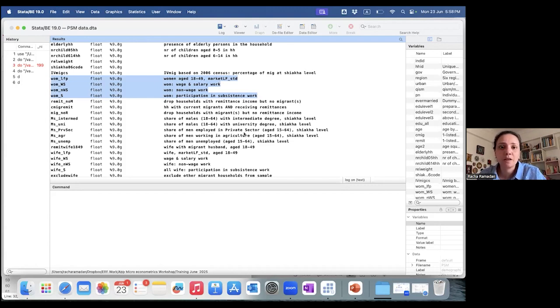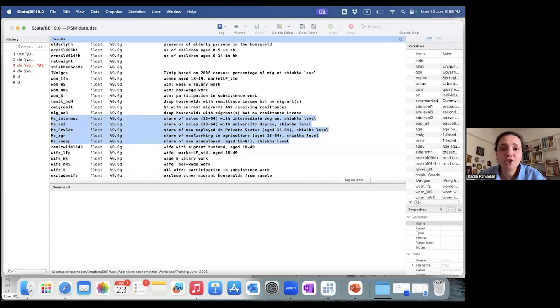I may be more willing to participate in the labor market and find a job if I am living in a community where women are working. This is why we will include these X variables that may affect our variable of interest, female labor force participation, whether the women are in the labor market or not.